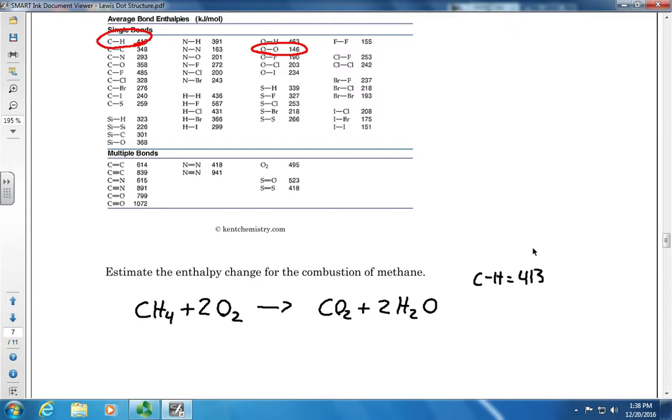I'm going to leave out the units for now for simplicity's sake. And there's 4 of them because you have 1 methane, 4 hydrogens connected to a carbon, 4 carbon-hydrogen bonds. So there are 4, which gives us a total of 1652 kilojoules per mole. And then, of course, oxygen. Same as before, except now we have 2 of them. So that's still the 146 times 2, which is going to give us 292.